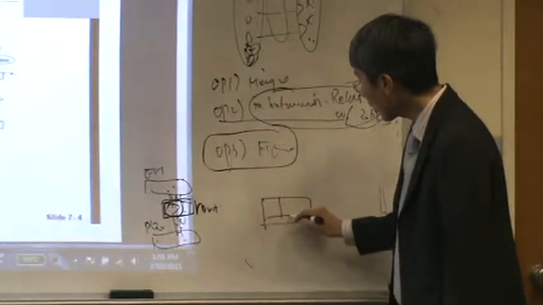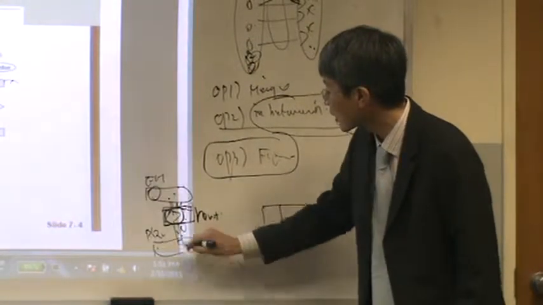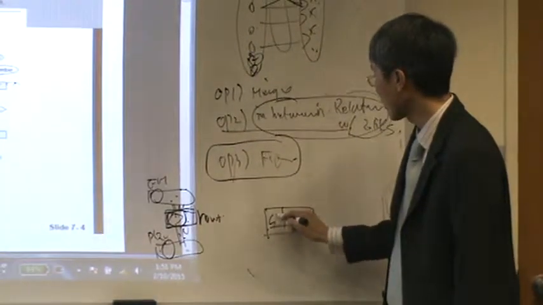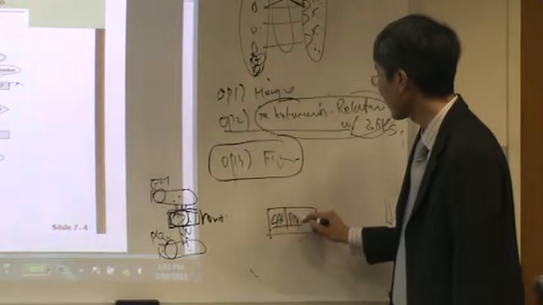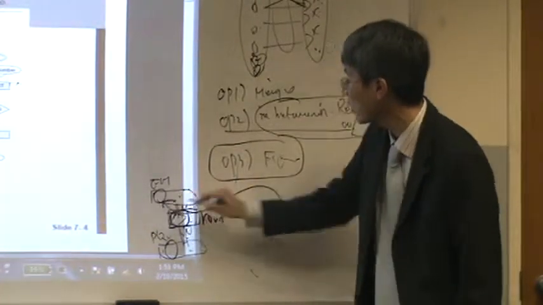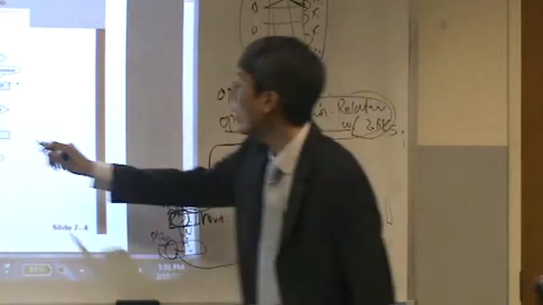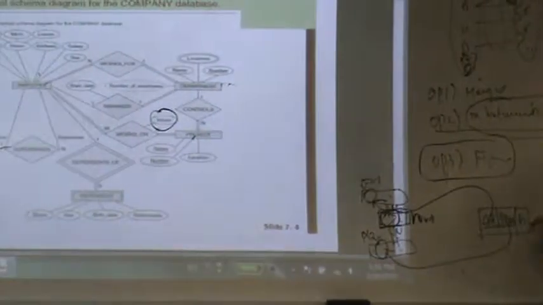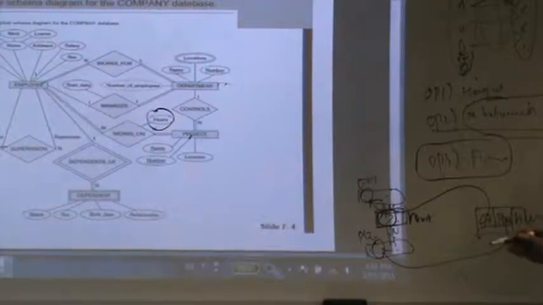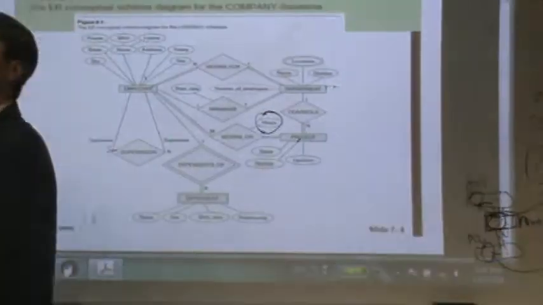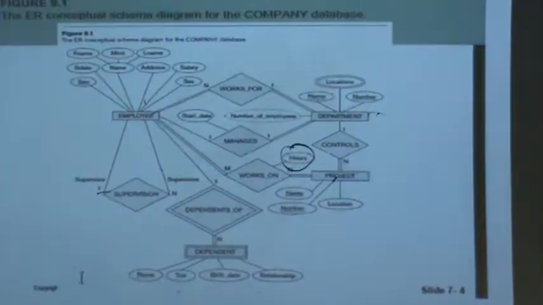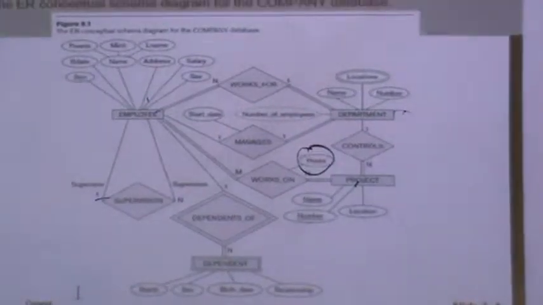The primary key of this one is a combination of this one and this: social security number and P number. Then social security number goes to this, and project number goes to this, and all additional information will be added like this. So if you haven't tried yet, why don't you try using the ERwin software.